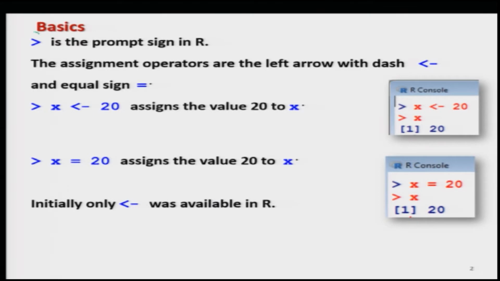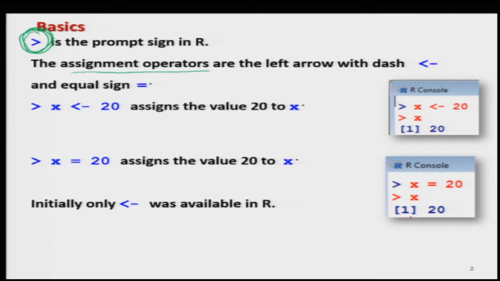So, in general, you know that when we start our R program, you get a symbol like greater than here. This is the prompt sign. And when we try to assign a value to a variable, there are two assignment operators.